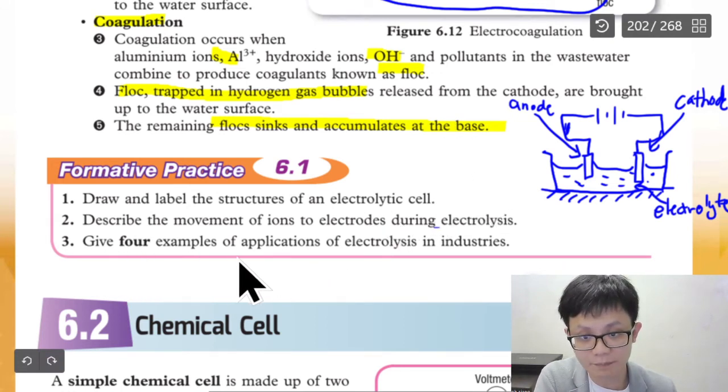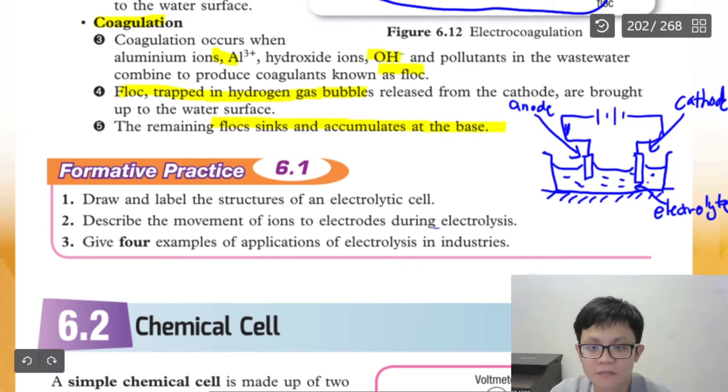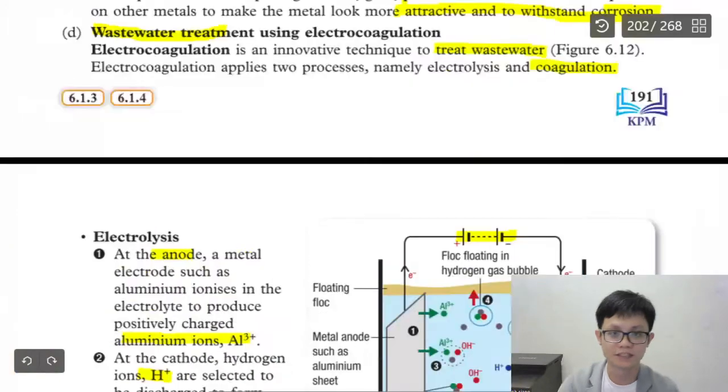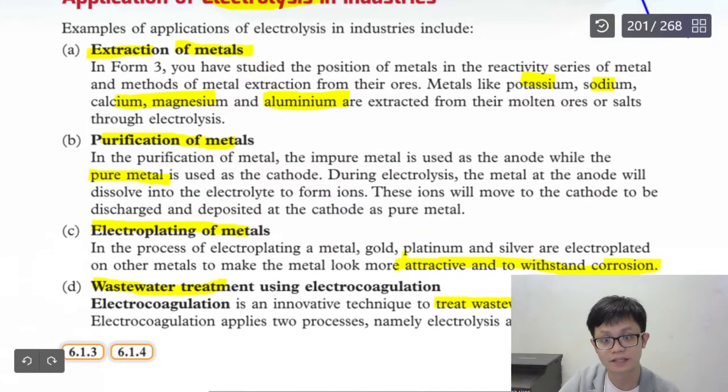Give 4 examples of application of electrolysis in industry. So for examples of application, you can say extraction of metal. If you want to extract metal, you can use electrolysis. Purification of metal, electroplating of metal, and wastewater treatment using electrocoagulation.